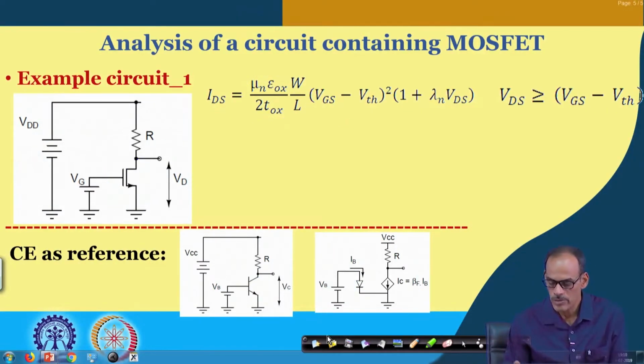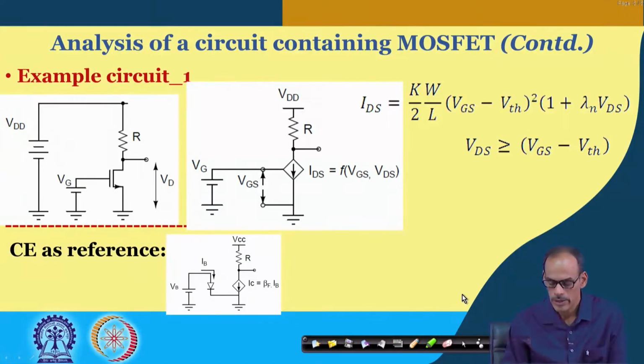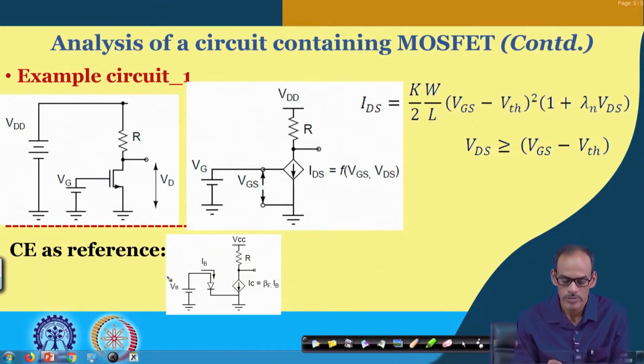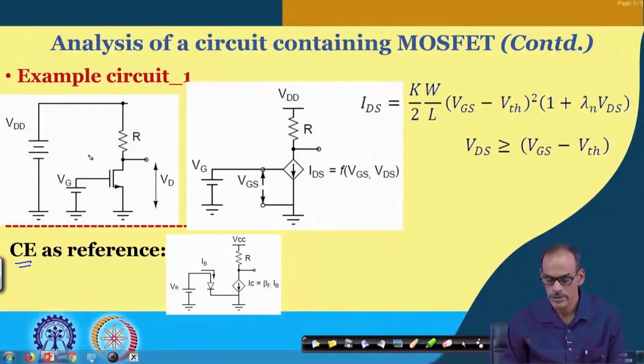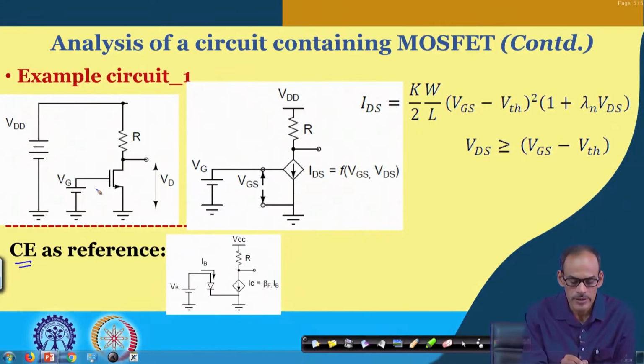So, let us see what is the model we use for this circuit. Here again, just for your reference, I am keeping the model corresponding to the common emitter amplifier, and of course, this is our main circuit of consideration. As I said, this gate voltage is providing the VGS. This is directly coming to the gate, but at the source we do have 0 voltage.